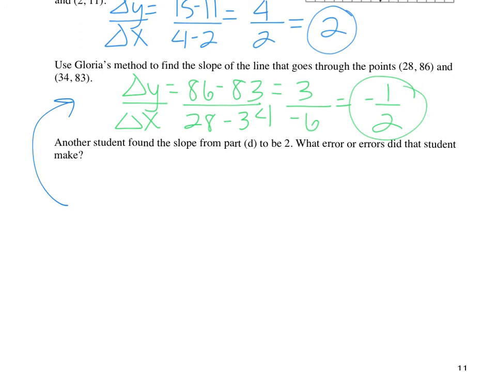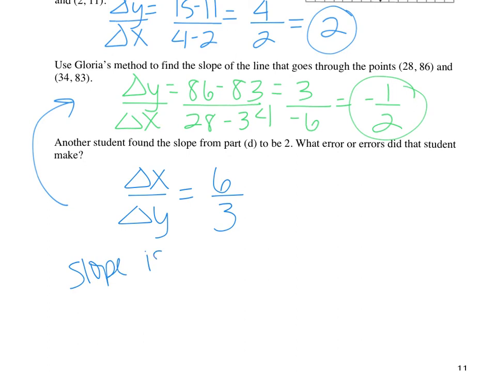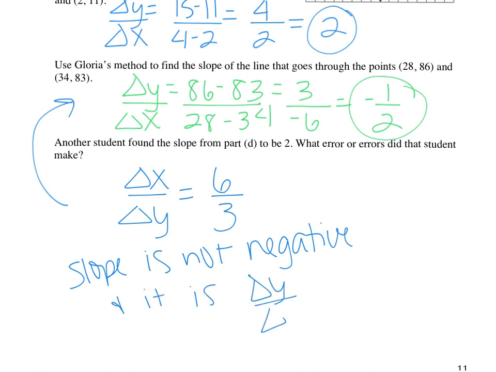So it looks like they flipped the change in y and the change in x. So it looks like they did 6 divided by 3, and they didn't make it negative. So we're going to say slope is not negative, and it is change in y over change in x.